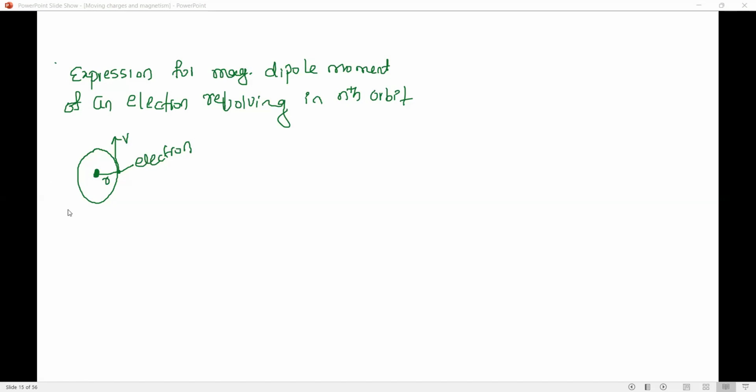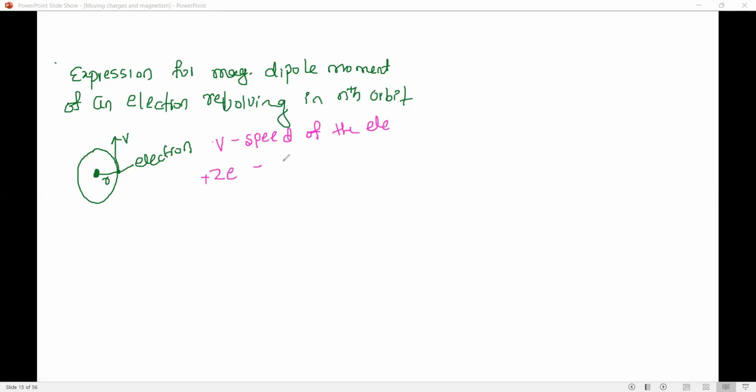Okay, what all terms we are considering, that we will write now. v is the speed of the electron.